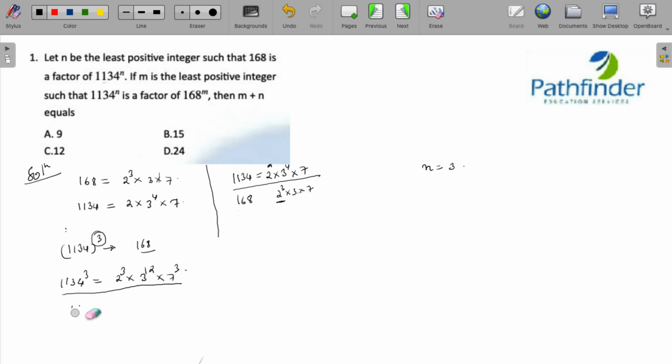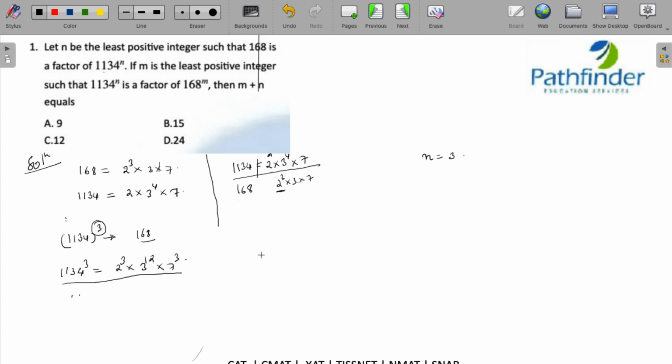if I divide 168 by 1134 to the power of 3, so in the denominator we will have 2 cube, 3 to the power 12, 7 cube, and in the numerator we will have 2 cube into 3 into 7.